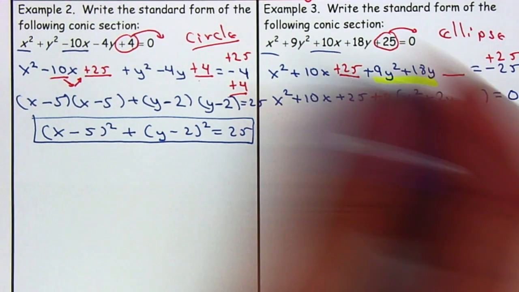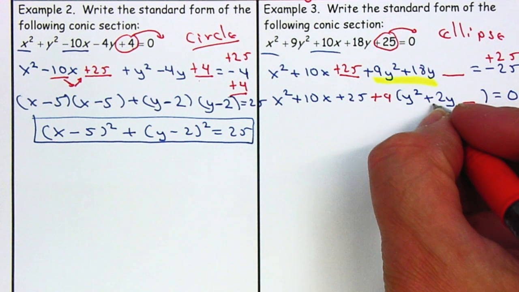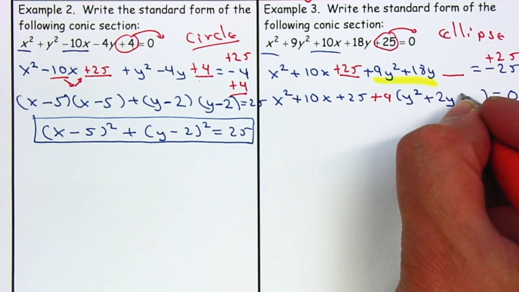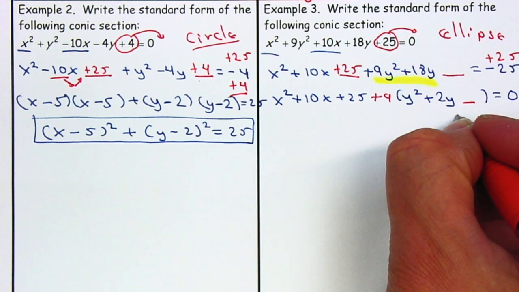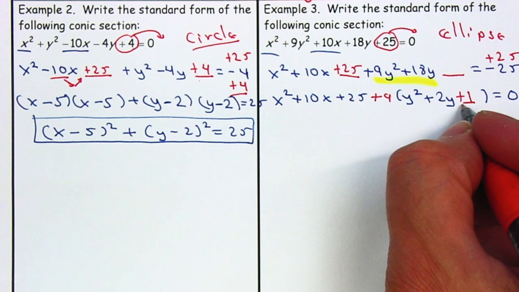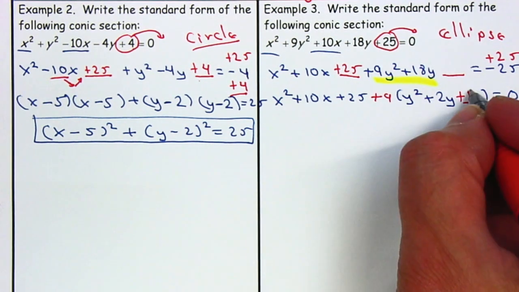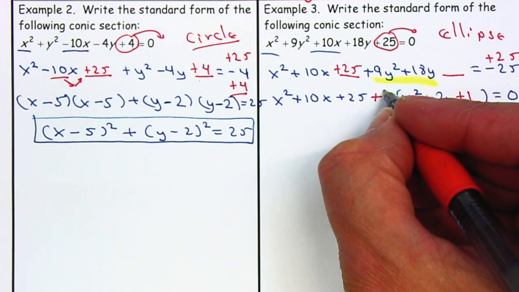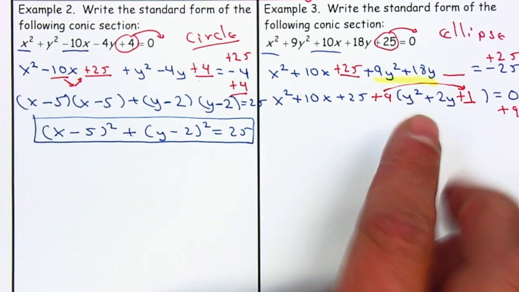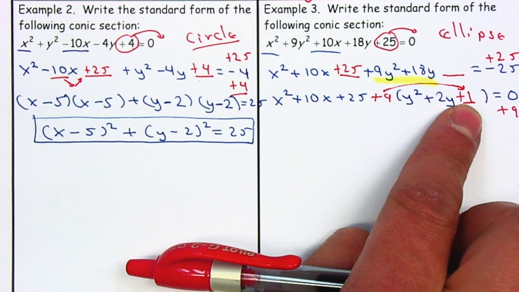Now I'm going to complete the square in here. I'm going to take half of this number, which is 2, and then I'm going to square it. Half of 2 is 1, and I'm going to square it, will be positive 1. And what I do on one side, I need to do to the other side, but this 1 is being multiplied by the 9. So 9 times 1 is positive 9. We just didn't add just 1.